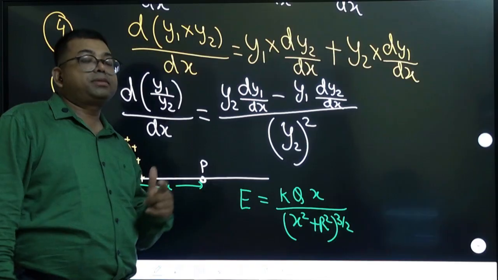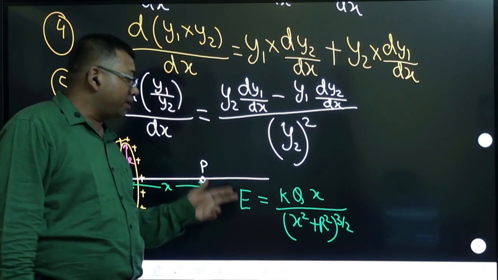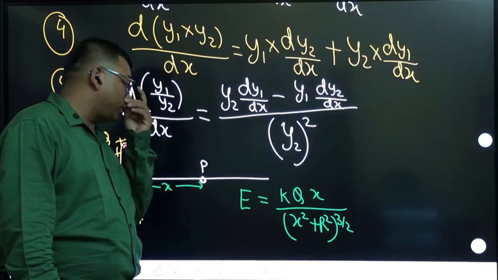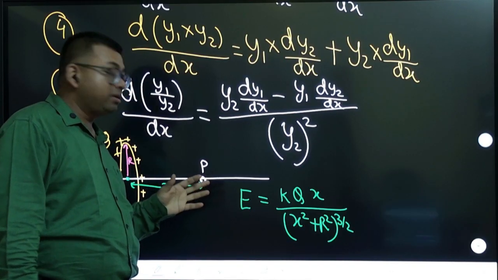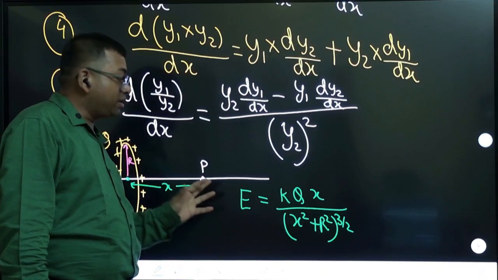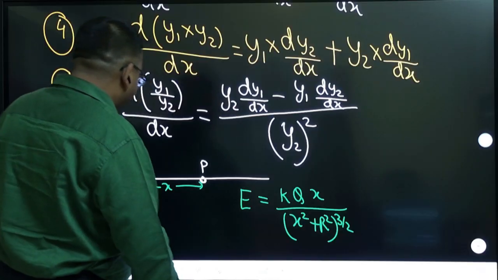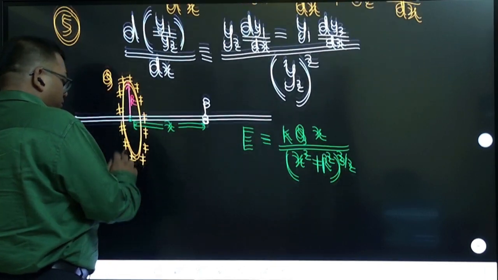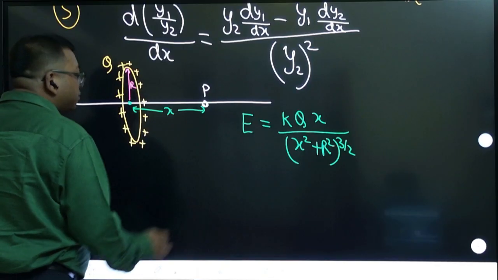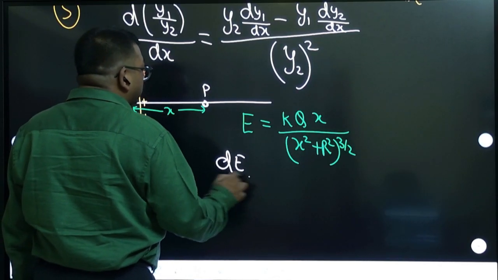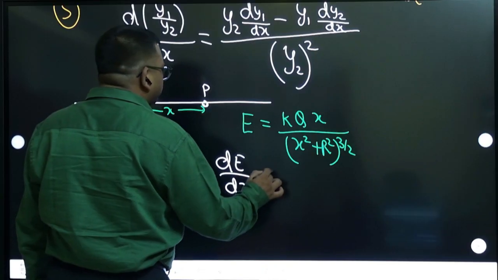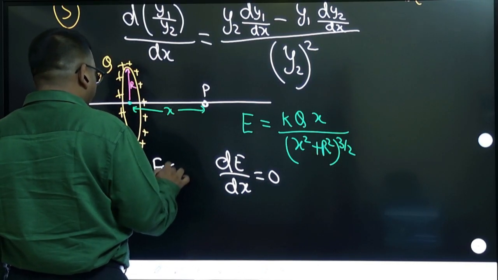Now the question comes: what is the maximum value of the electric field? Or, the value of x where the electric field becomes maximum. So when this maxima-minima concept comes, that means the differentiation of the electric field has to be 0. Differentiation with respect to x is 0 for maxima or minima.